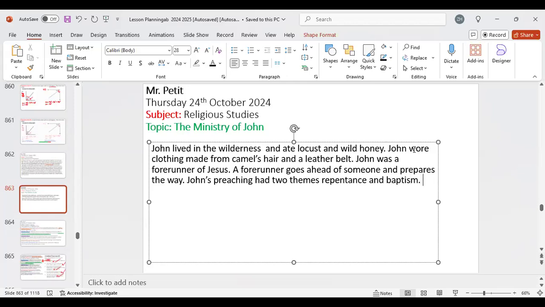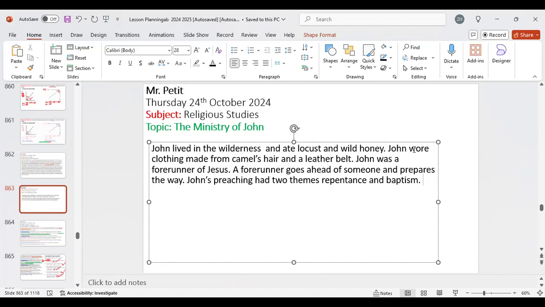That was the two themes: repentance and baptism. John explained to them that he was not the Messiah, but that the Messiah would come. Someone would come more powerful than him, right?